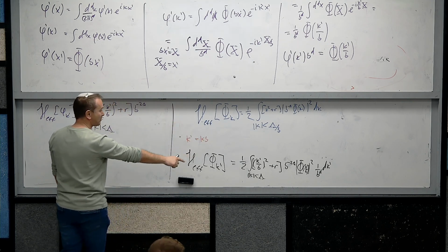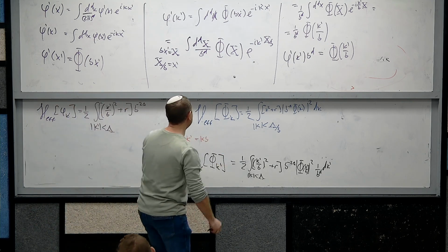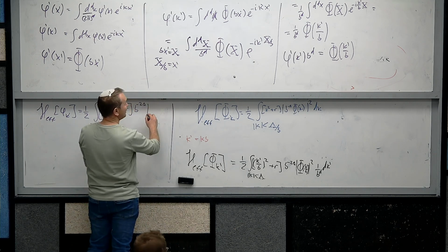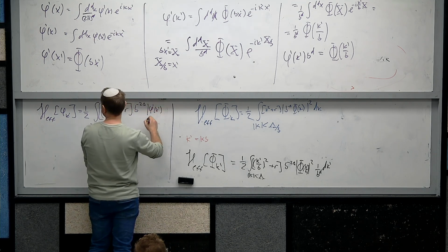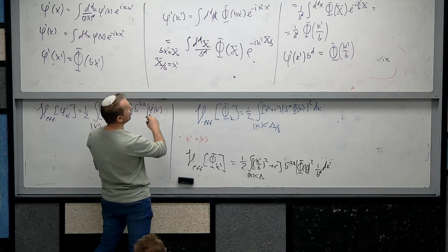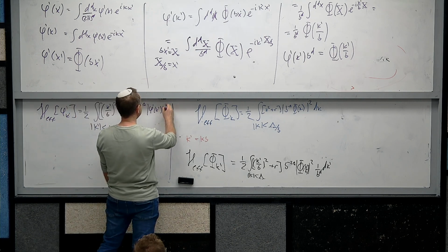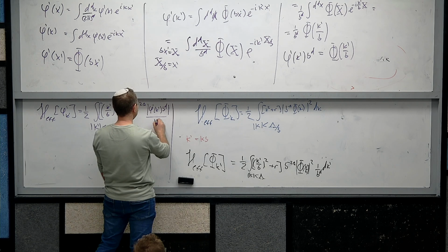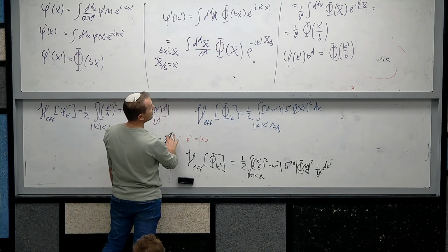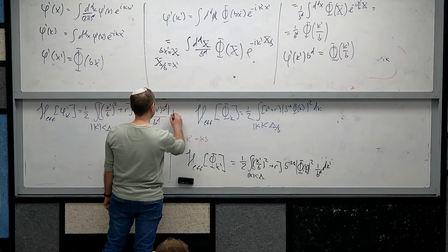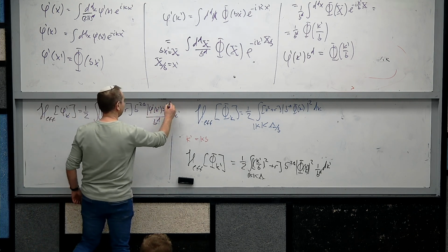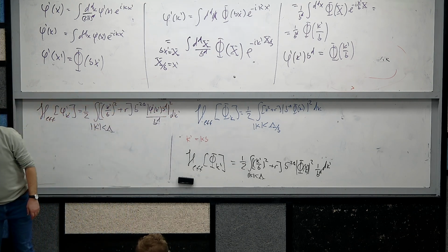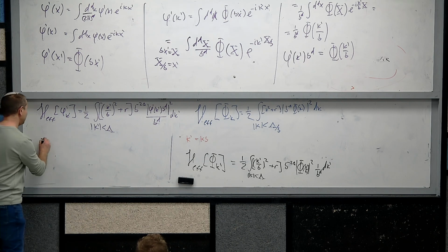Instead of phi k prime squared, I have the average value of phi prime k prime, b to the d divided by b to the d, and I have dk prime and squared. We're almost done.